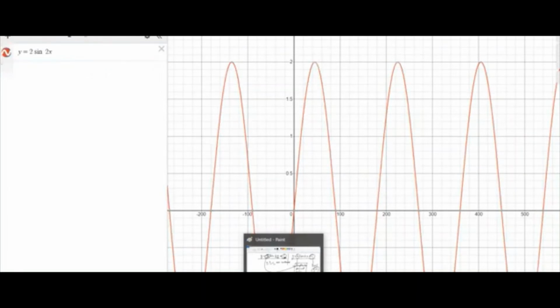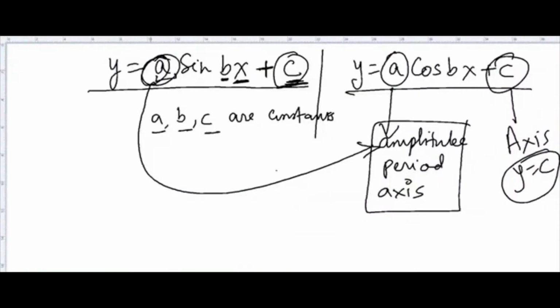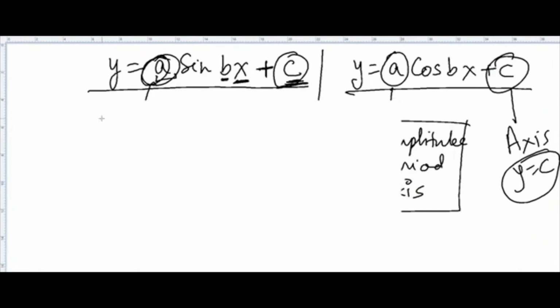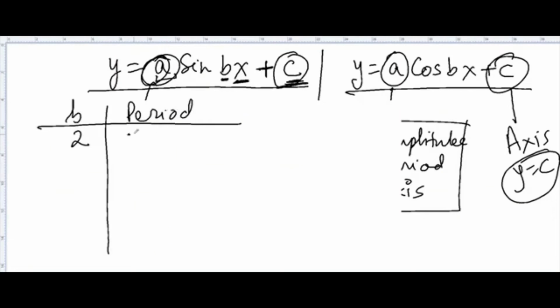That is how we find period, isn't it? The x values of 2 consecutive maximums or minimums. So 225 minus 45. So if B is 2, period was 225 minus 45, which is 180.